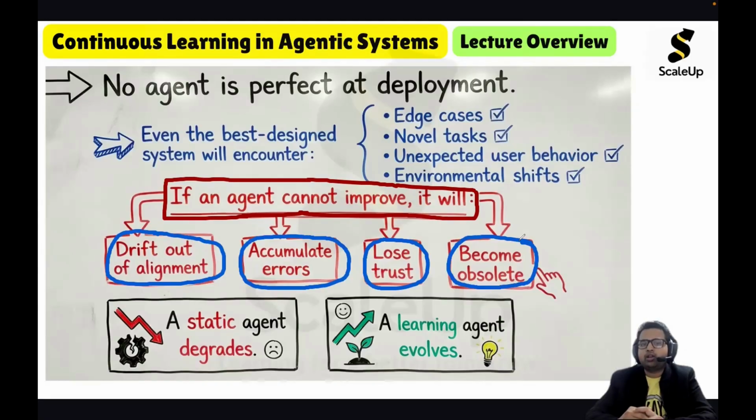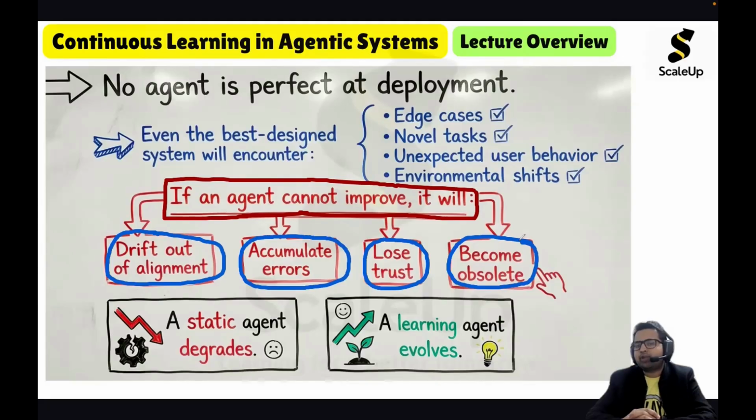We cannot have a perfect agentic system, because once the agentic AI application is live, it can come across several edge cases which it has never seen before. It can come across novel tasks which it has never encountered before.